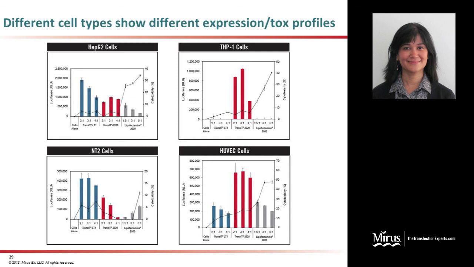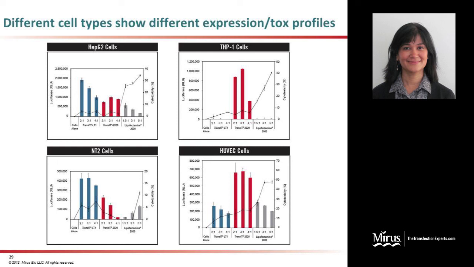Furthermore, it is seen that different cell types show different expression and toxicity profiles than, say, HeLa cells. Here are a few examples of HepG2 cells, THP1 cells, and HUVEC cells. As you can see here, you do get a good balance of expression versus toxicity, measured here in terms of luciferase expression versus LDH release, with either Transit LT1 or Transit 2020 in most cases.